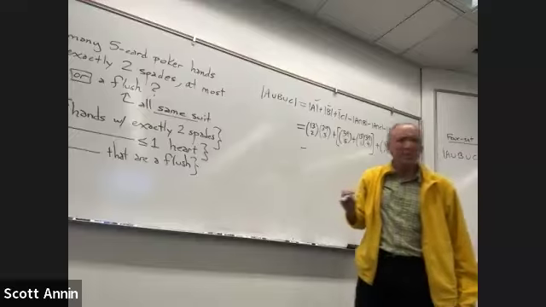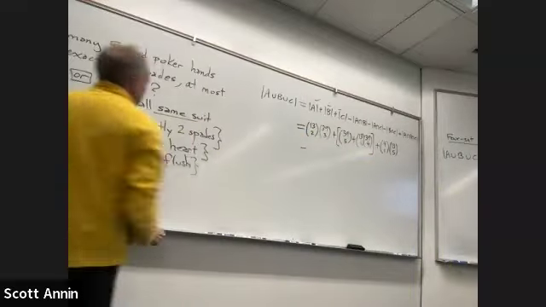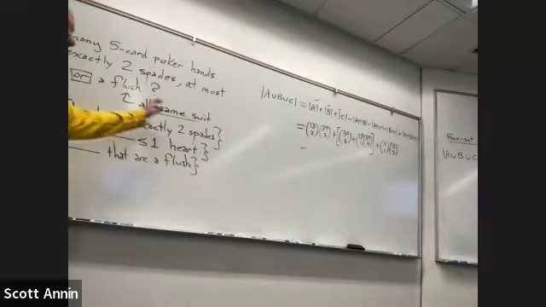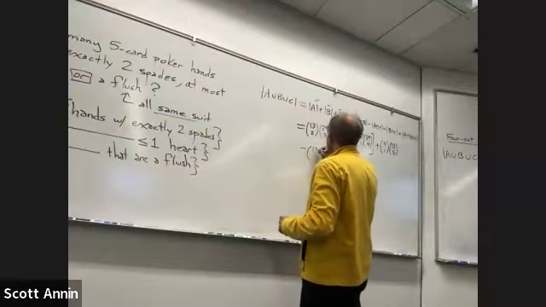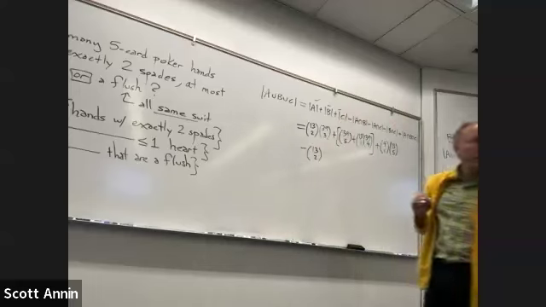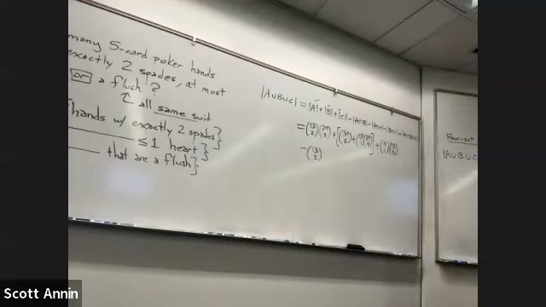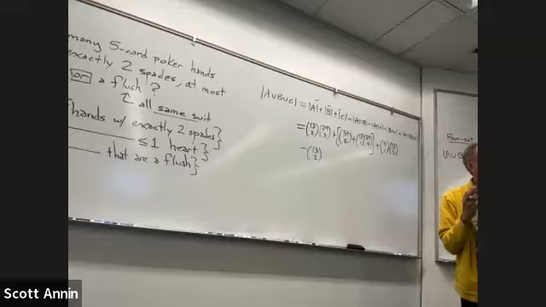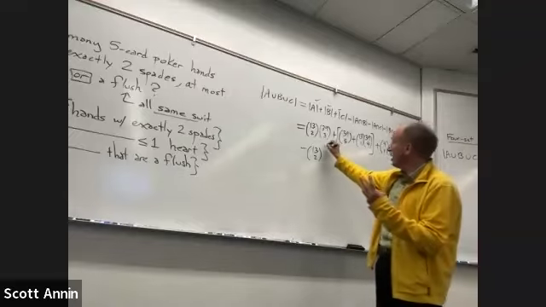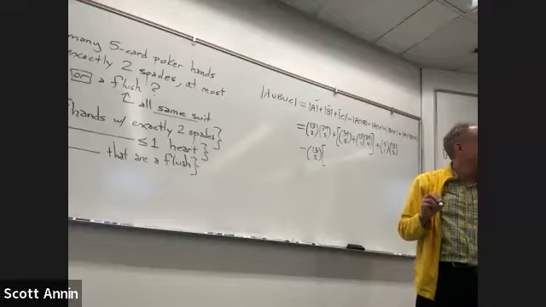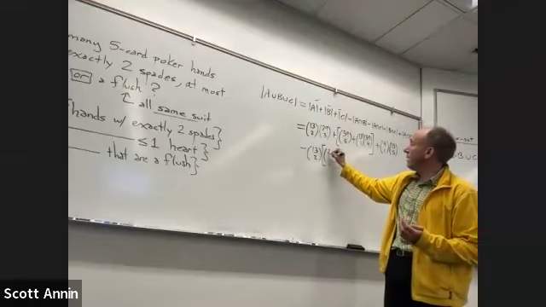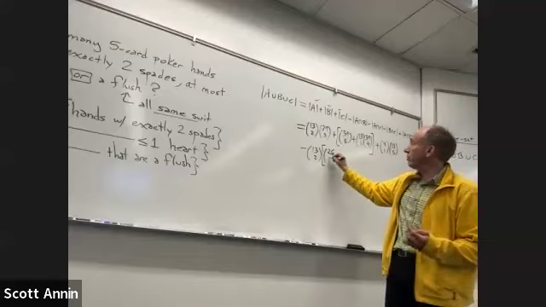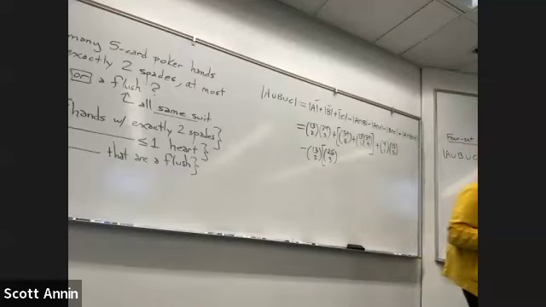Should go pretty quickly. Hands that have exactly 2 spades and at most 1 heart. So I'm gonna choose my 2 spades again, 13 choose 2. And then I have 3 more cards to pick, and I can either pick no hearts or I could pick 1 heart. If I pick no hearts, then I'm going with the diamonds and clubs only and choosing 3 of them. So that would be 26 choose 3.